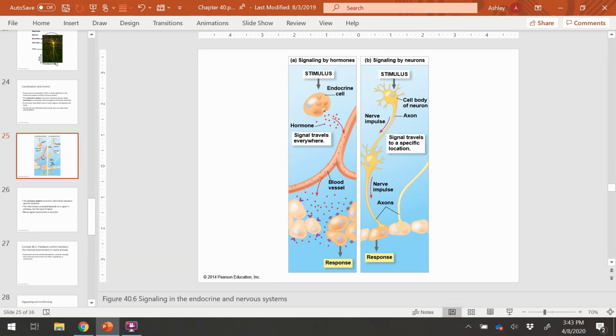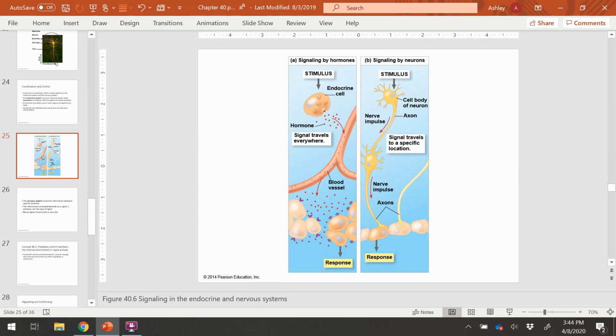You can see an example here, where there's a stimulus for an endocrine cell to release the hormone. That signal travels everywhere through the circulatory system, but only certain cells will generate a response. Comparing that to the nervous system, there is a stimulus received on the dendrites of that nerve cell.